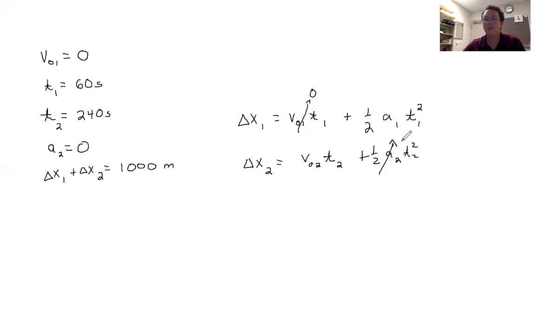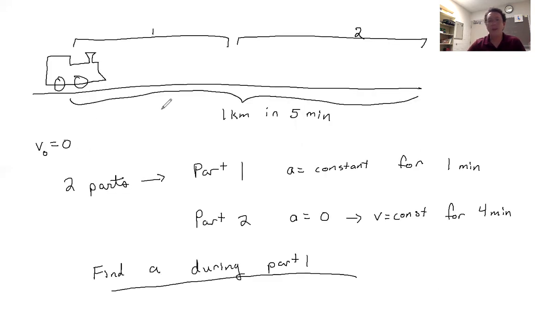And this is 0 because there's no acceleration for part 2. In the second part, I don't know the displacement, and I don't know the initial velocity for part 2. I know that the initial velocity for the whole motion is 0, but part 2 really starts when it's in the middle, and so its initial velocity is certainly not going to be 0.